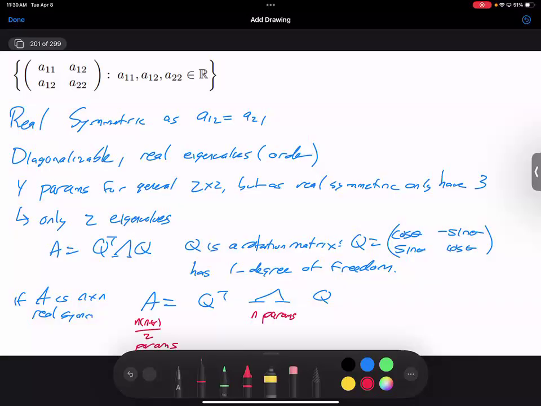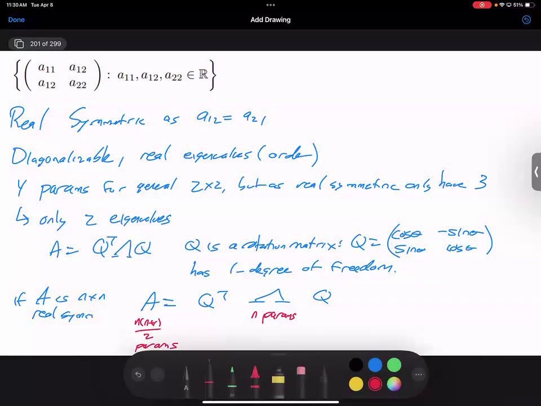How many parameters must Q give us? N times n minus 1 divided by 2. Good.